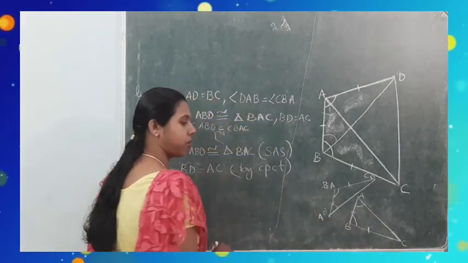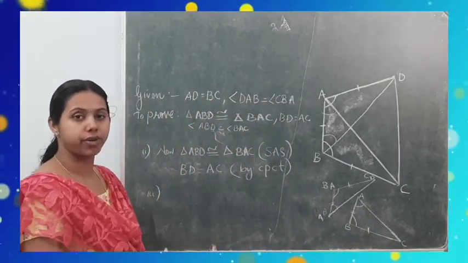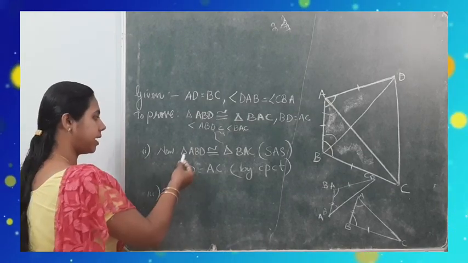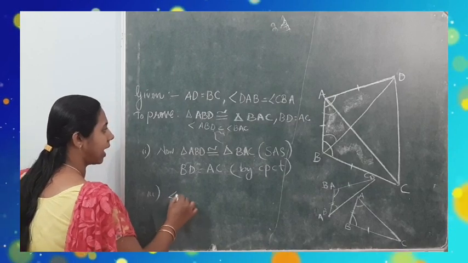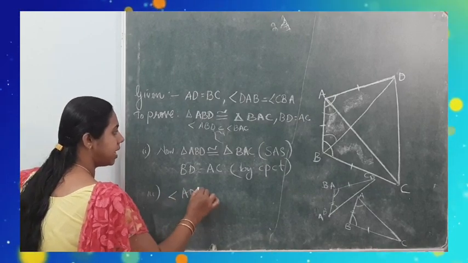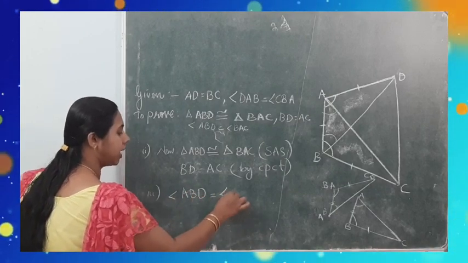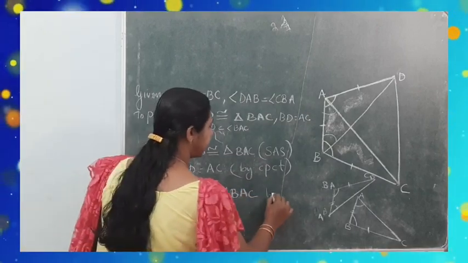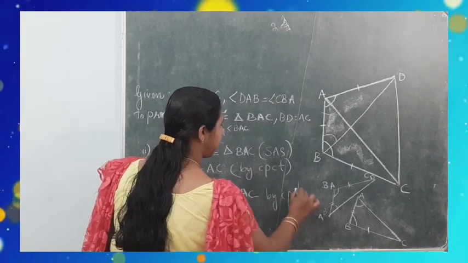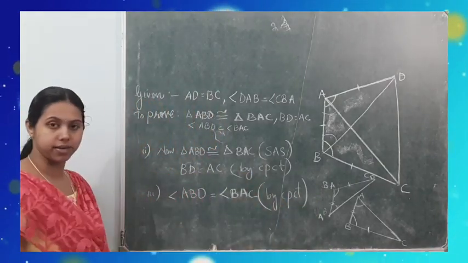These two are the corresponding angles of congruent triangles. So we can say that these two triangles are congruent by SAS. Therefore, angle ABD equal to angle BAC by CPCT, corresponding parts of congruent triangles.